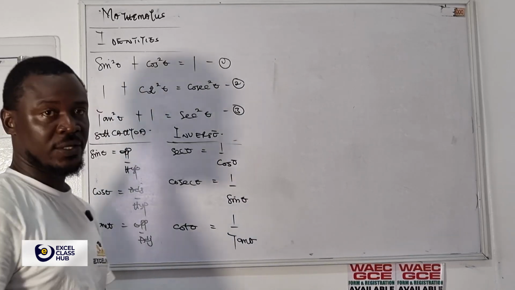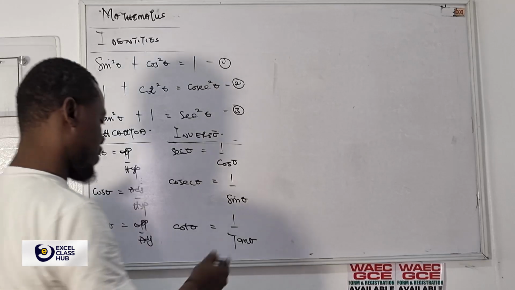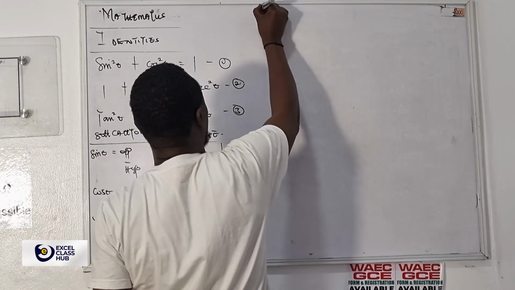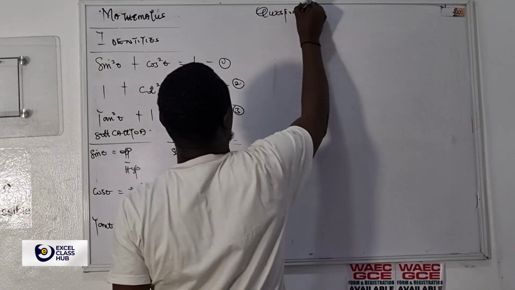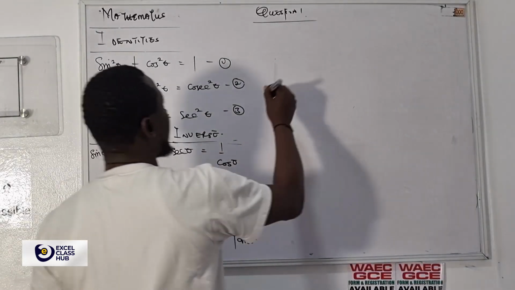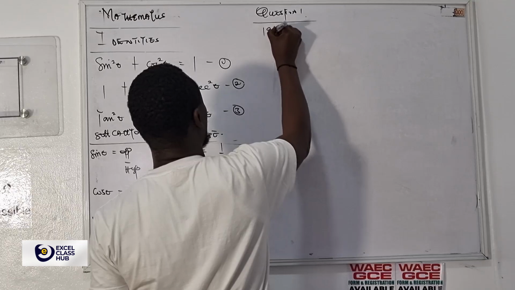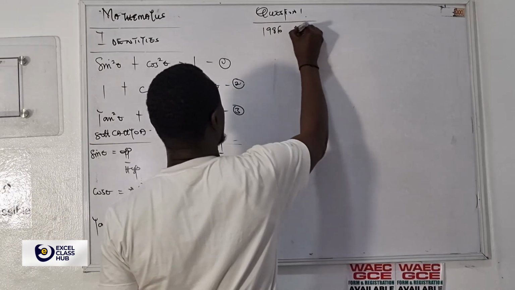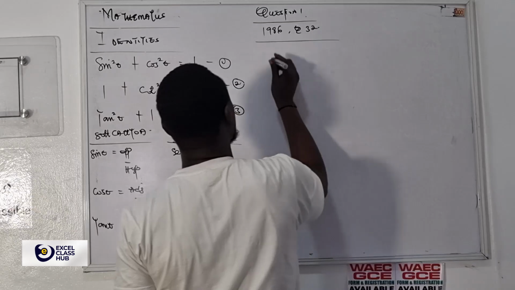Please still remember that before I pick a question from your JAMB past question. So let's go back to your JAMB past question. Let's take a look at question number 1 from your JAMB past question. That means if you go back, check your JAMB past question at home. 1986, question 32. Please give me the question.